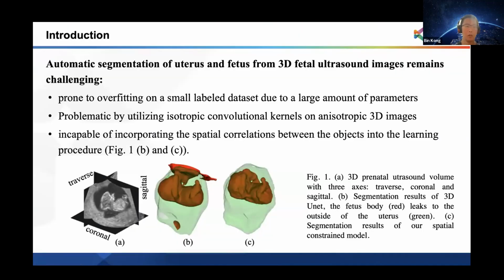So just a brief introduction for this paper. This is about the automatic segmentation of uterus and fetus from 3D fetal ultrasound images. Basically, there are three major challenges regarding this problem. As you can imagine, this is a really small data set, right?